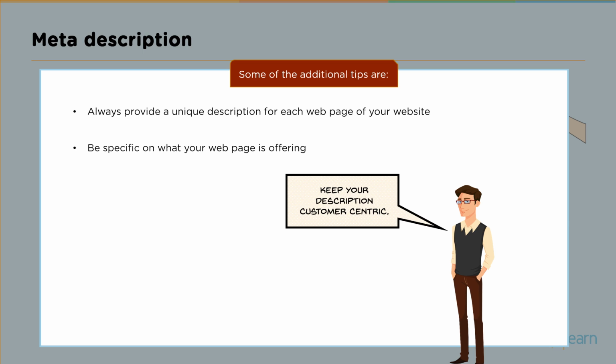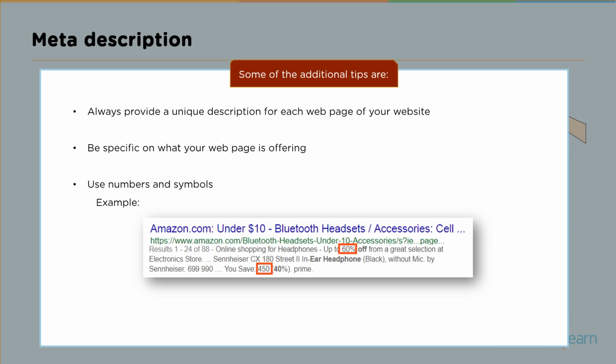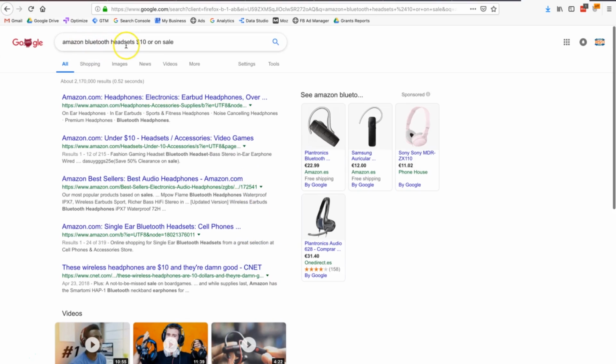The whole idea behind a meta description is to describe the page, but also to get the end user to click on your link. Here's an example of using modifiers and describing a page. If we look at Amazon again on Google search results, if I type in Amazon Bluetooth headsets, $10 are on sale, here we can see a lot of Amazon listings in Google search.